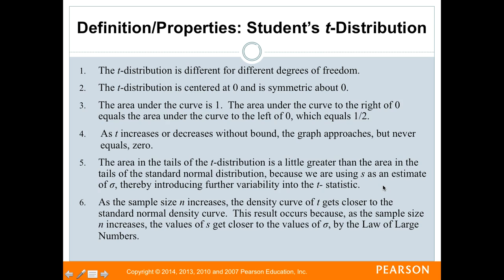As our sample size increases, the density curve of t gets closer and closer to the standard normal density curve. This result occurs because of the law of large numbers, which we've talked about before. As sample size increases, s gets closer and closer to sigma.